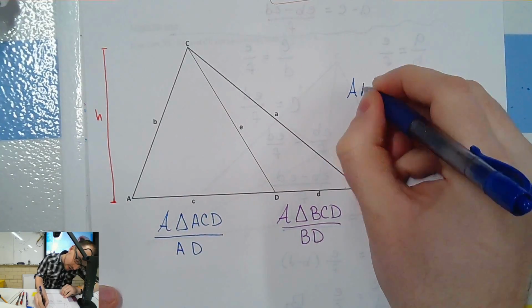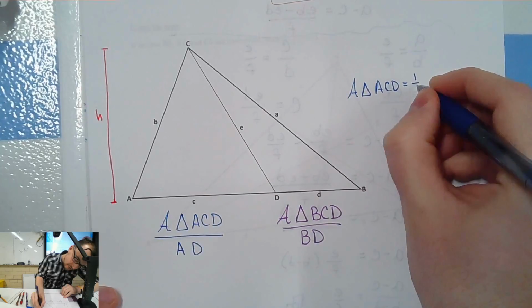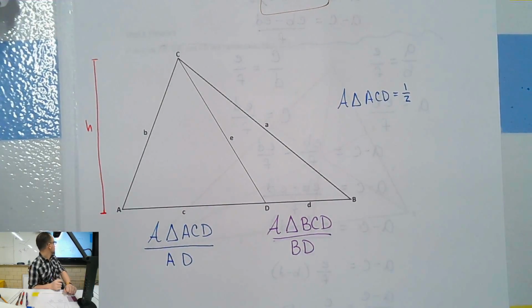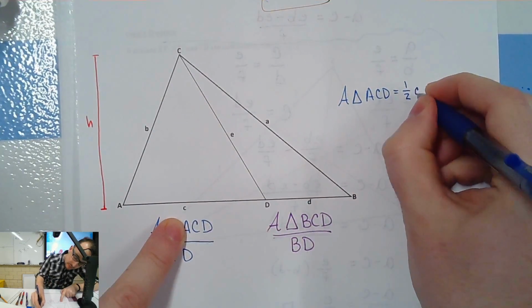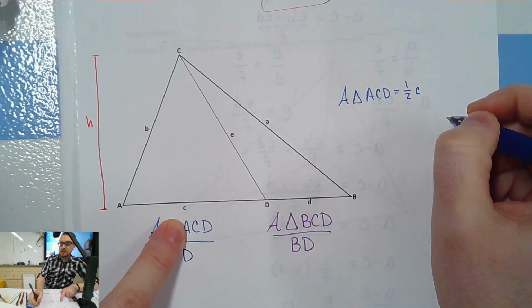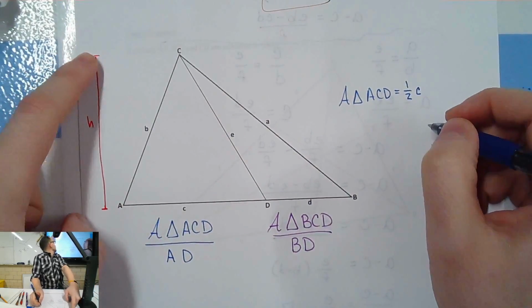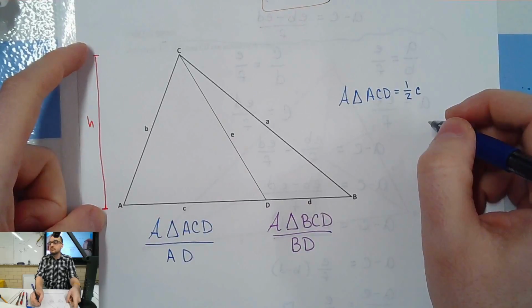What is the area of triangle ACD equal to? Well, it's half its base, right? What's its base? We'll call it c, little c, times its height. What do we call the height? H. Okay.